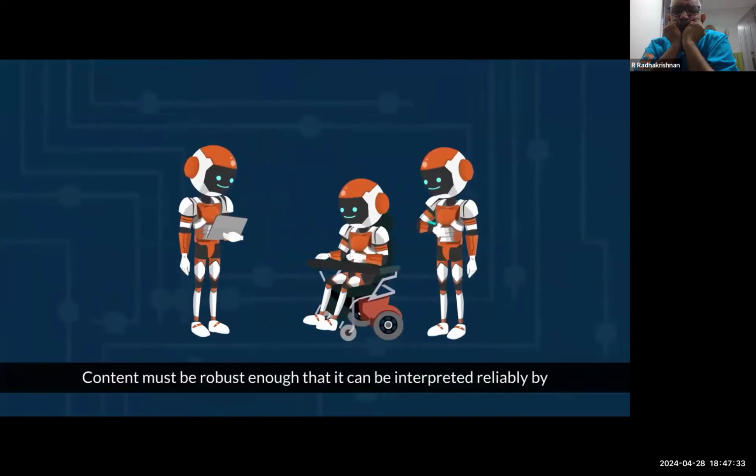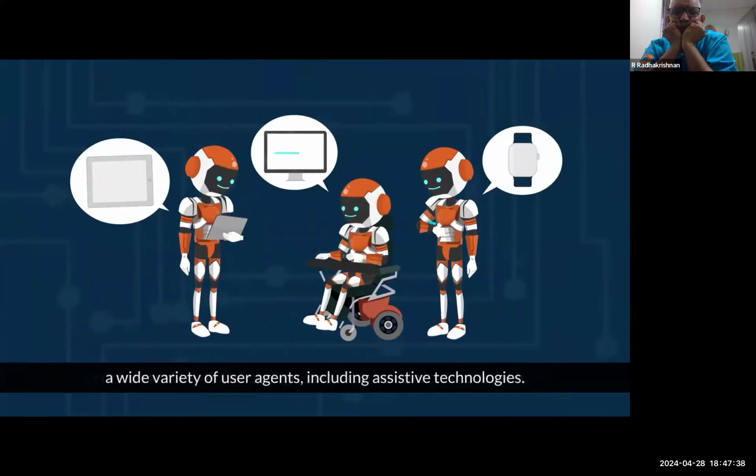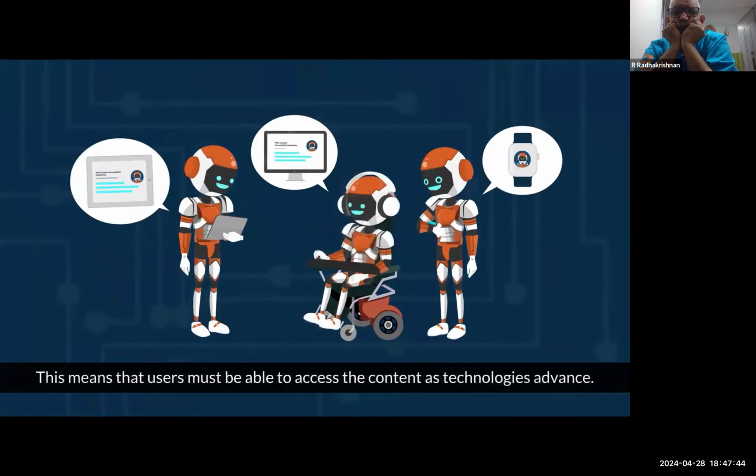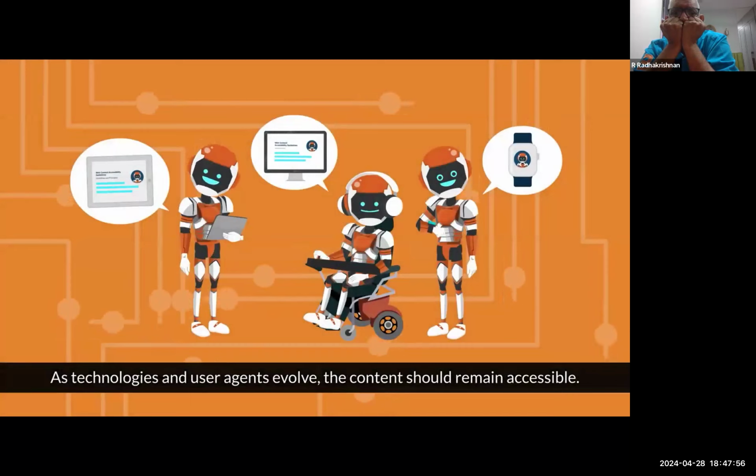Content must be robust enough that it can be interpreted reliably by a wide variety of user agents, including assistive technologies. This means that users must be able to access the content as technologies advance. As technologies and user agents evolve, the content should remain accessible.